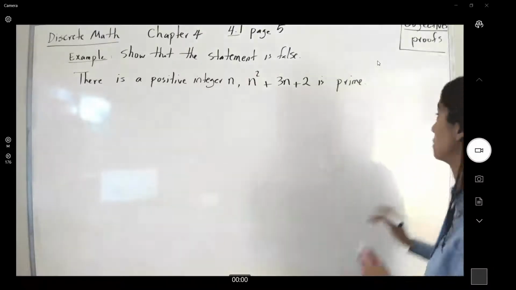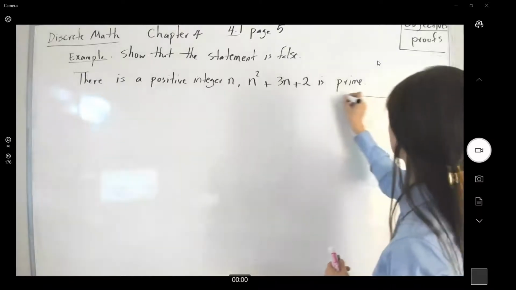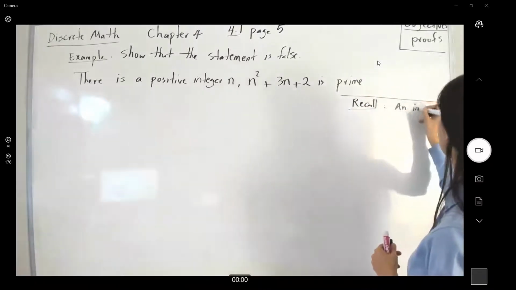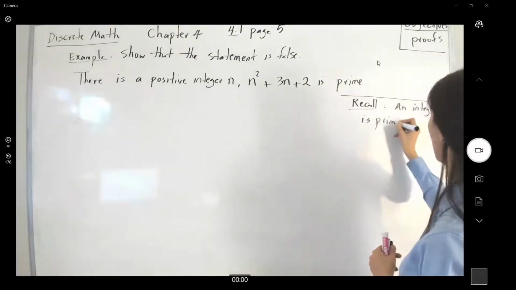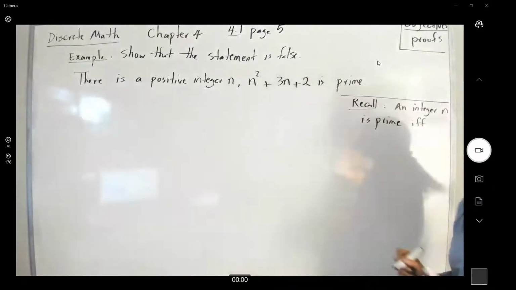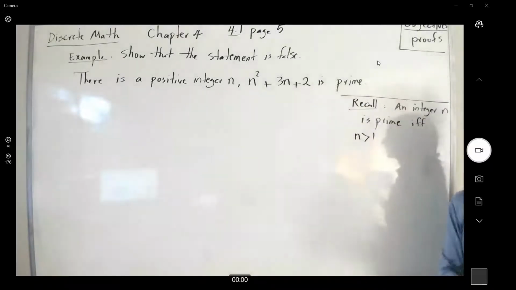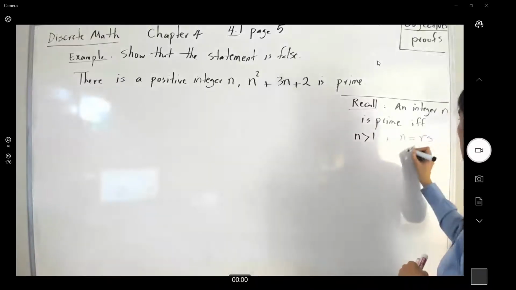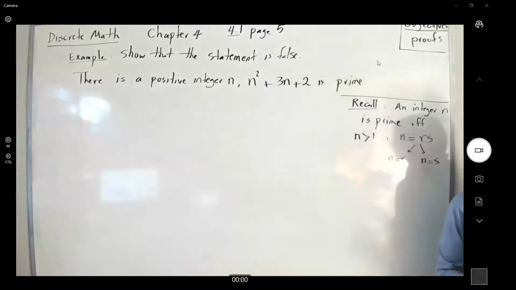Because of the definition of being prime and being composite, we say that an integer n is prime if and only if that integer is greater than 1, and if we write n as the multiplication of two other numbers, r times s, we have n equals r or n equals s. Otherwise, we say it is composite.